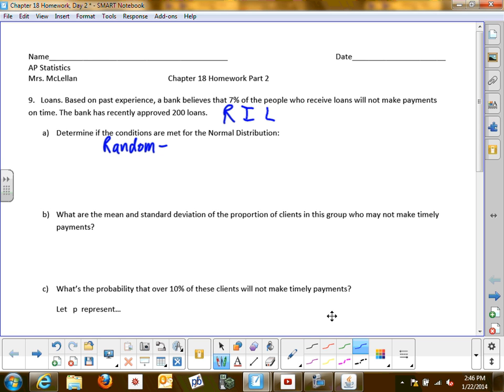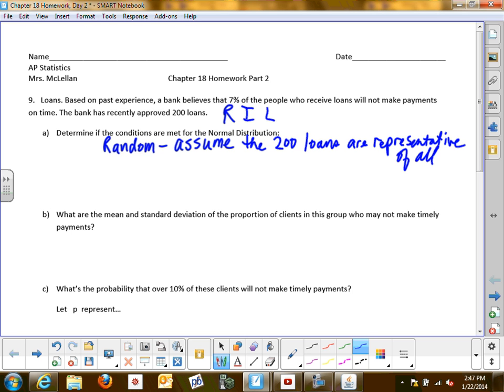But anyway, we are going to assume, and you know what happens if you assume, but we're going to do that here, that the 200 loans are representative of all the loans at that bank. They do have standards and such, and so they can't just be handing out loans willy-nilly. They have to meet a certain criteria.